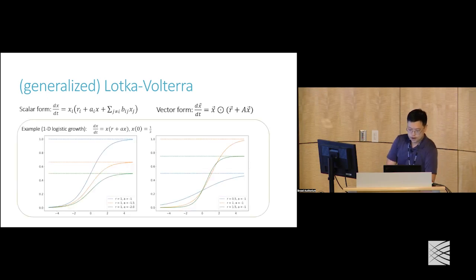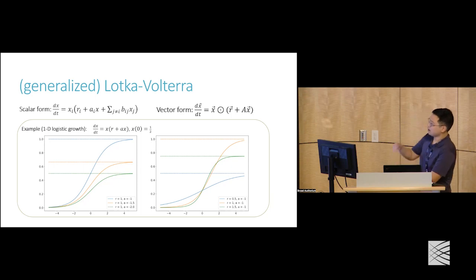An example that's useful for people who might have never seen this before is to think about this as an analog of logistic growth. Consider the differential equation where the rate of change for x is equal to this quadratic function, x times (r plus ax), and let's say you set the initial condition at 0 to 1/2.